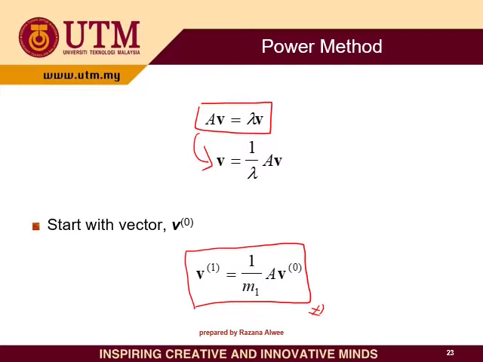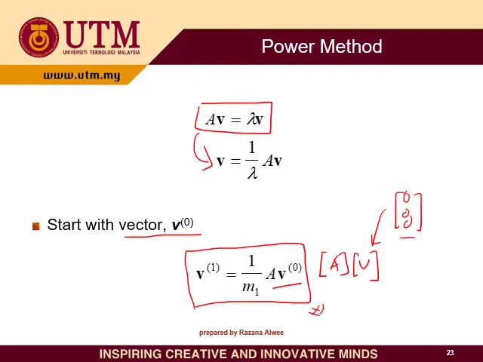To start the power method, you need an initial value, which is a vector here. We call it vector iteration 0. This is not vector 0, this is vector iteration 0. The initial vector cannot be a zero vector because this is a multiplication. Let's say you have matrix A here, and you multiply it by the first vector, and if the initial vector is the zero vector, you will have 0.